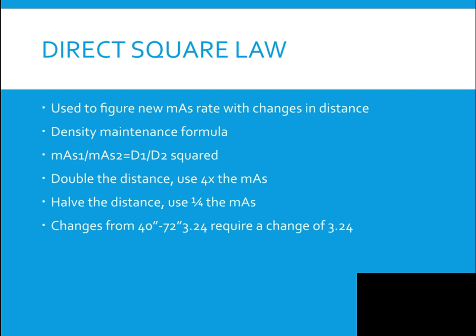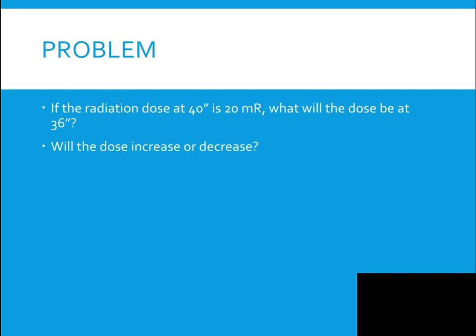So our most common 2 distances are going to be 40 to 72 inches. We talked about that in physics and imaging 1, but our change is going to be 3.24. So if we go from 40 to 72 inches, then you're going to need to increase your mass by a factor of 3.24. Whereas if you go from 72 inches to 40 inches, you're going to need to decrease your mass by 3.24.